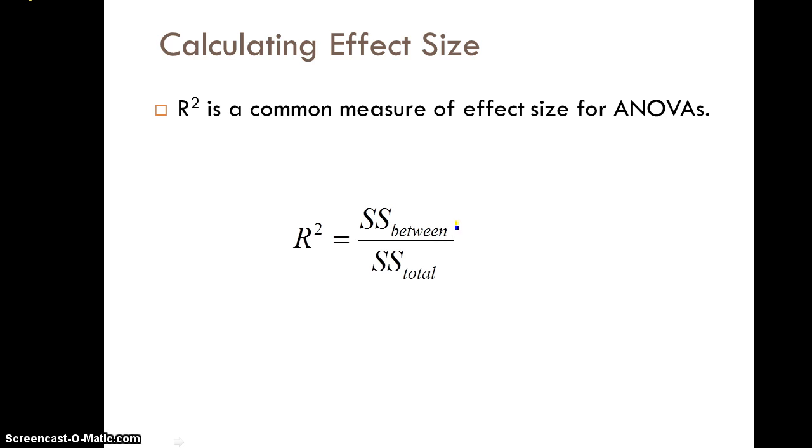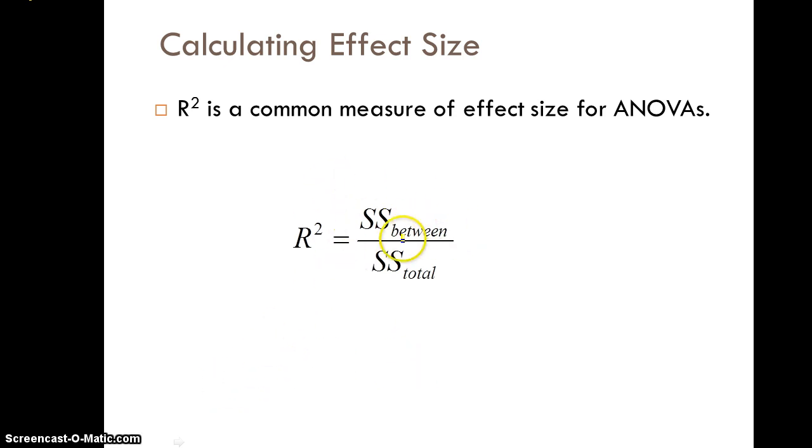How well does knowing what group somebody is in help us account for the total variability? So you can imagine that this would be on a different scale in terms of what those values might mean and how we'd interpret them.